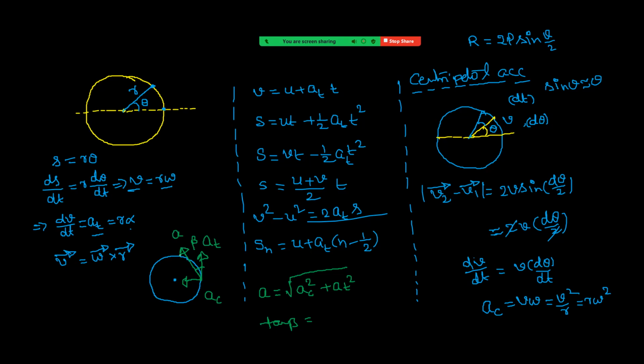The angle made by the resultant with AT is given by AC by AT. So we can expect many questions based on this result. Okay. So this is now regarding the kinematics of horizontal circular motion.